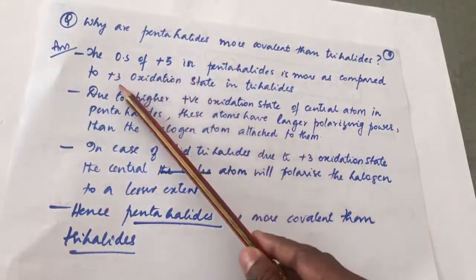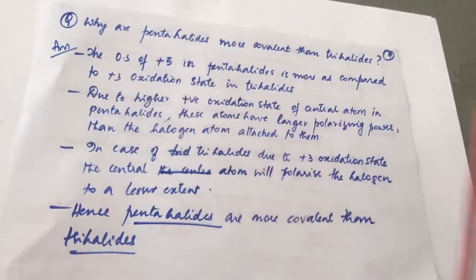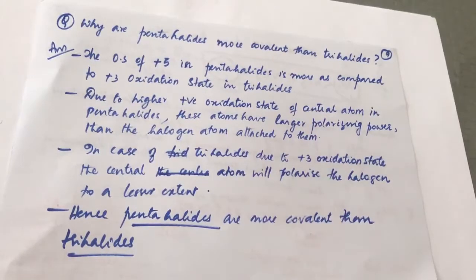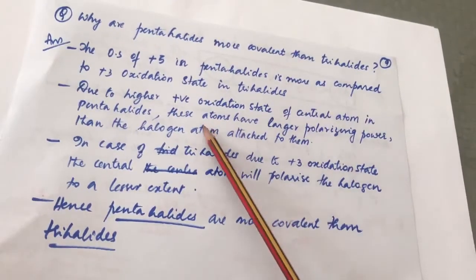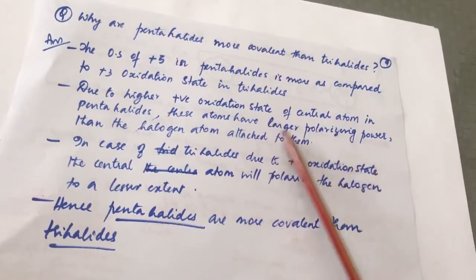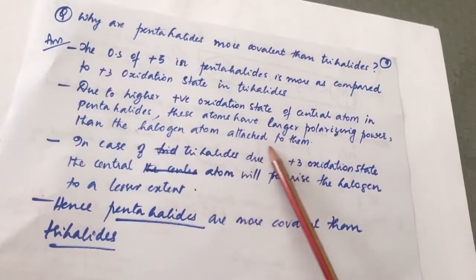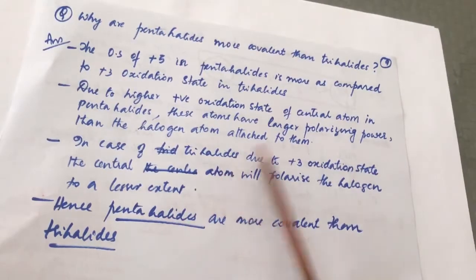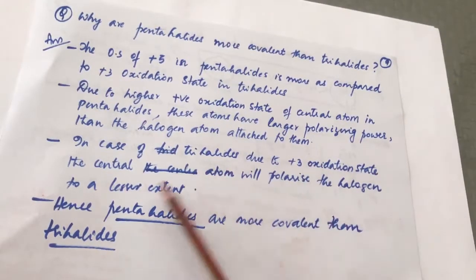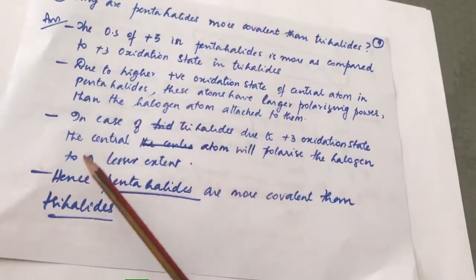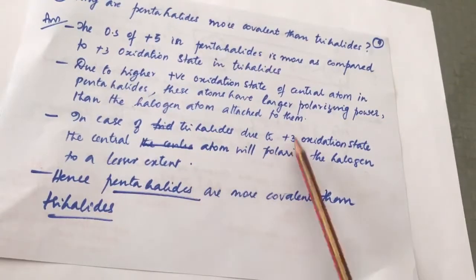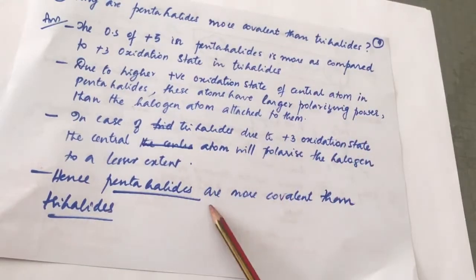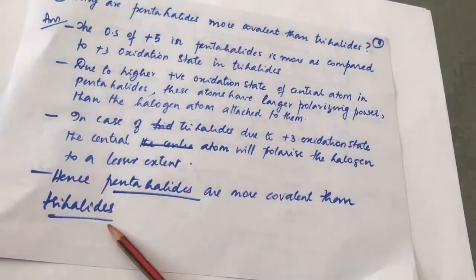Due to the high positive oxidation state of the central atom in the pentahalides, these atoms have larger polarizing power than the halogen atom attached to them. In trihalides, due to +3 oxidation state, the central atom will polarize the halogen atom to a lesser extent. When it is +5, it will polarize to a larger extent. Hence, the pentahalides are more covalent than trihalides.